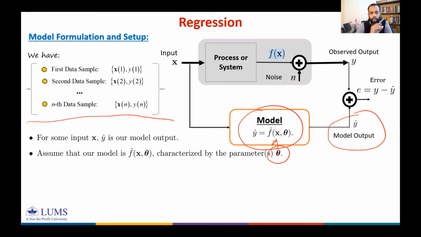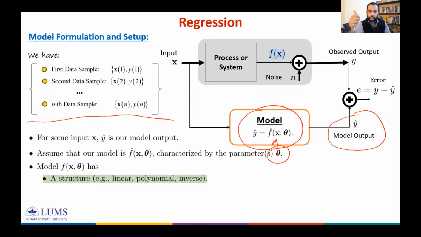This formulation of the model is capturing two things. The first is the structure, the mathematical structure of the model. It could be linear, polynomial, inverse, exponential, or sinusoidal. It also captures how many parameters the model has.